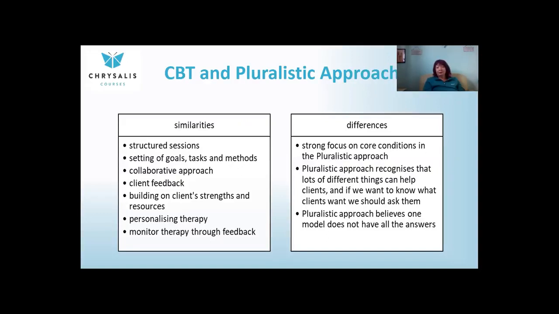So the similarities: structured sessions, the setting of goals, tasks and methods, a collaborative approach, obtaining client feedback, building on the client's strengths and resources, and personalising the therapy to suit the client, and monitoring the therapy through feedback with the client.